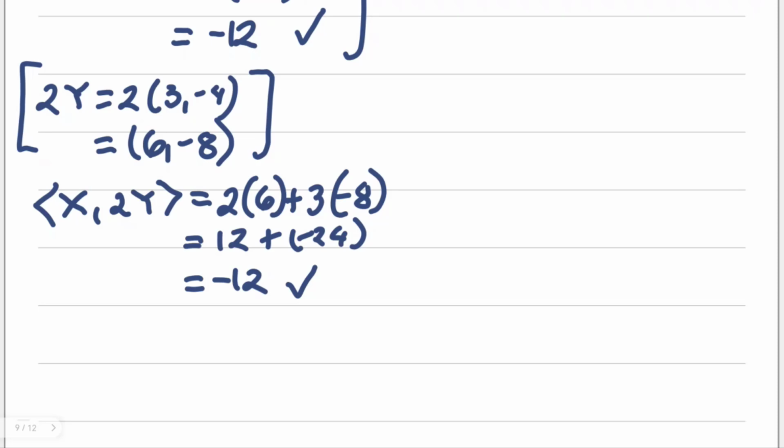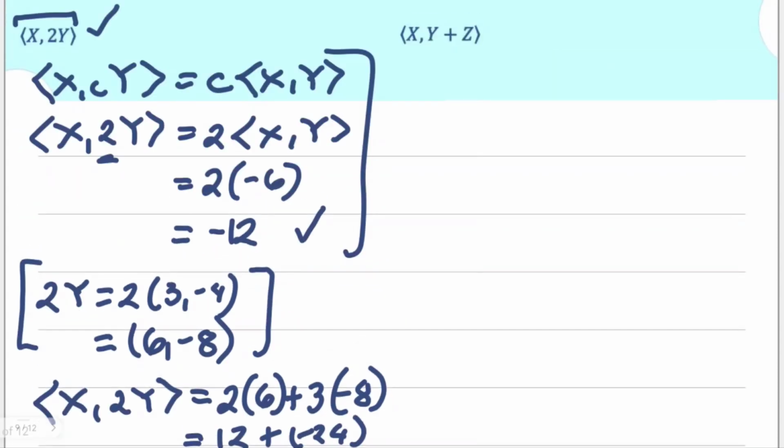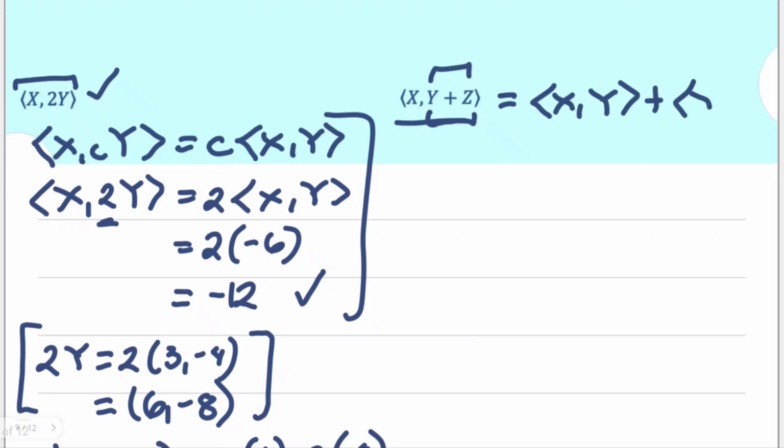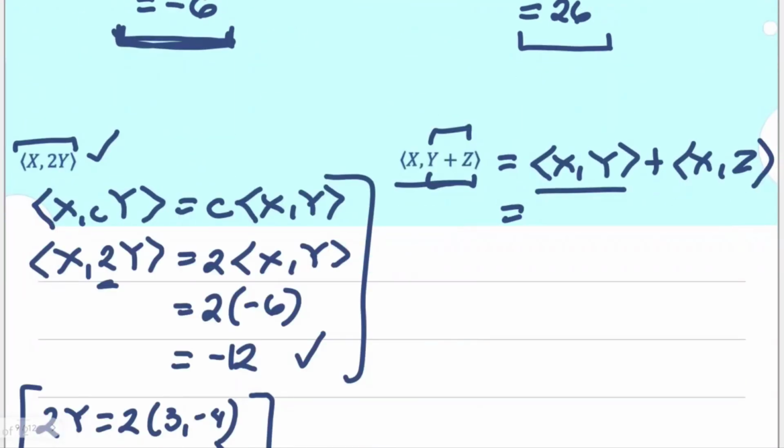Okay, so it's up to you, but I believe if you are familiar with the property, you can use the property. Similar thing with this last one here. If you have the sum in the second portion here, you can just break them into two different inner products, x and y, plus x and z. That's the property we have proven in the previous video. So since we already know this inner product is negative 6, what we just need to do is solve for this.